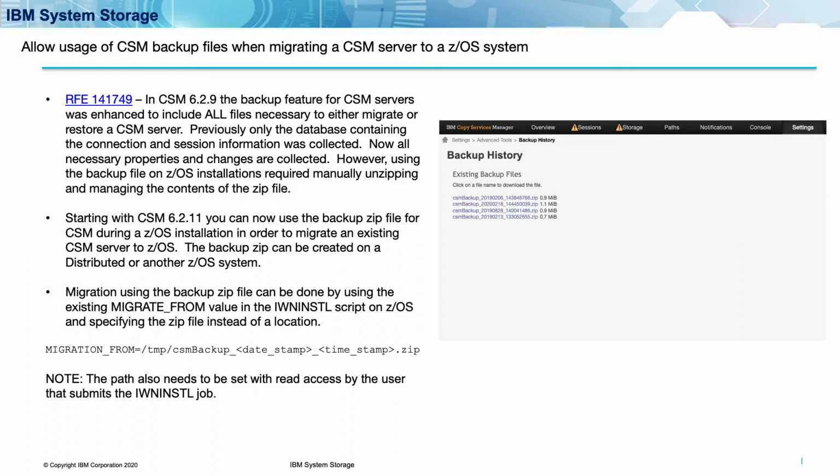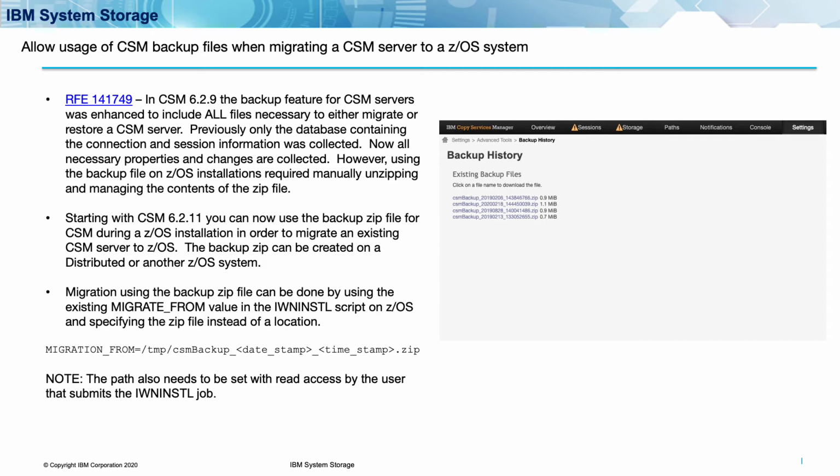But now you can specify the .zip file from the backup. If you specify that in that migrate from, the CSM IWN install for z/OS will pick up that zip, unzip it, change any file formats that it needs to, because if it was created on a distributed file server, then it might have to change some of the formats on some of the files so that it works on z/OS, etc.